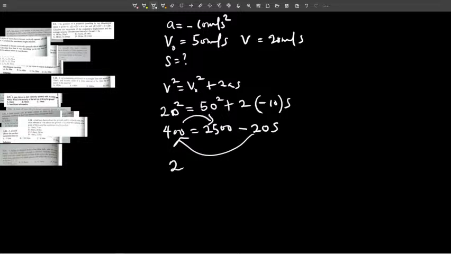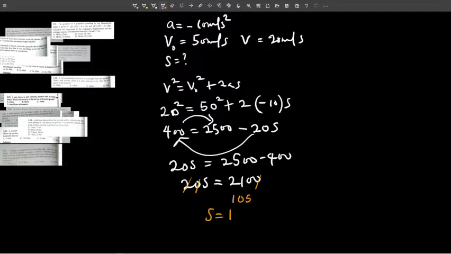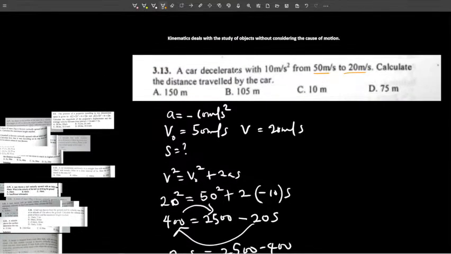You're going to have 20s is equals to 2500 minus 400. So therefore 20s is equals to 2100. Divide both sides by 20, zero will cancel zero, 2 here will give me 105. So s is equals to 105 meter. Option B.